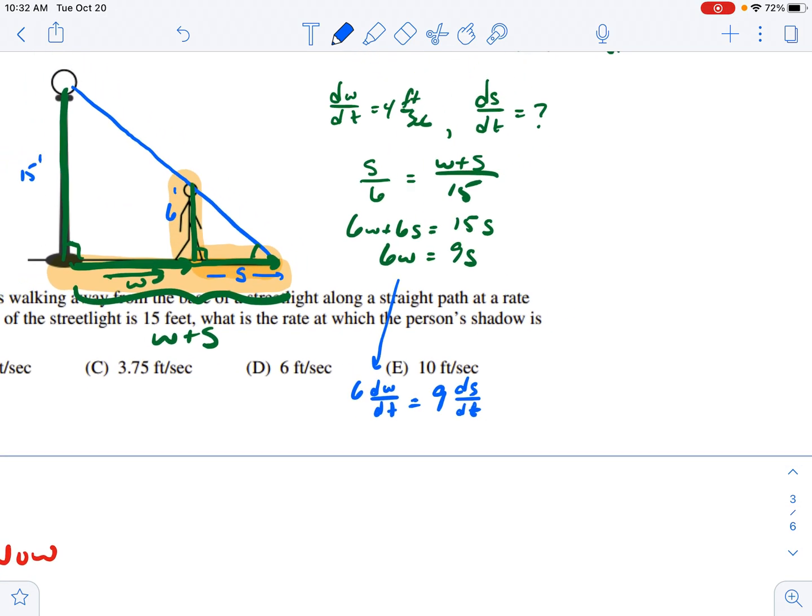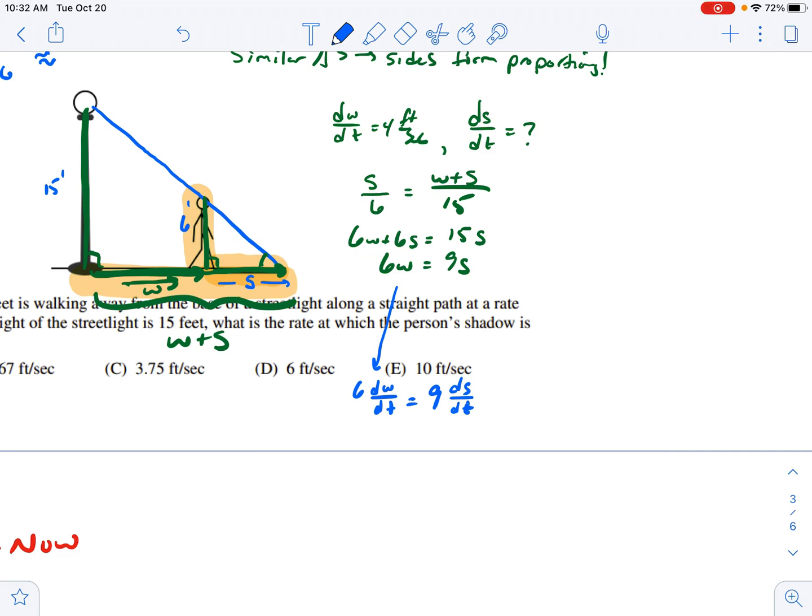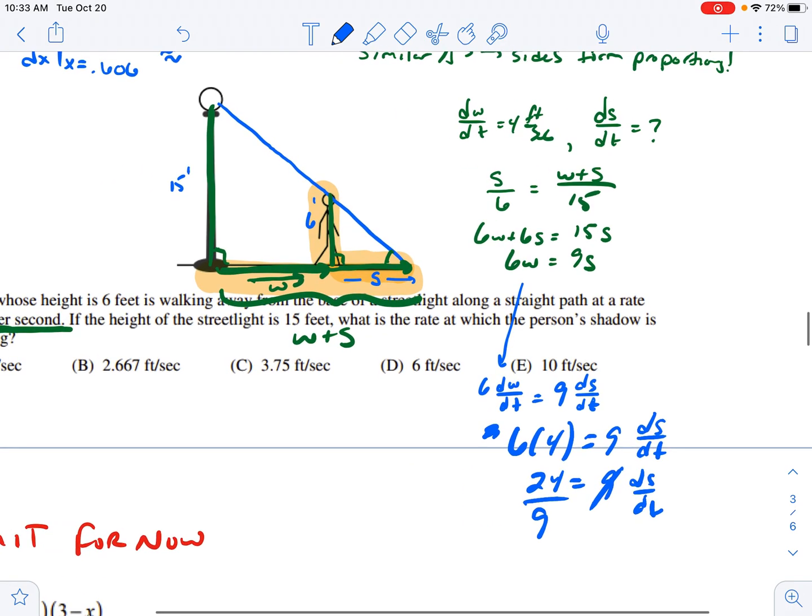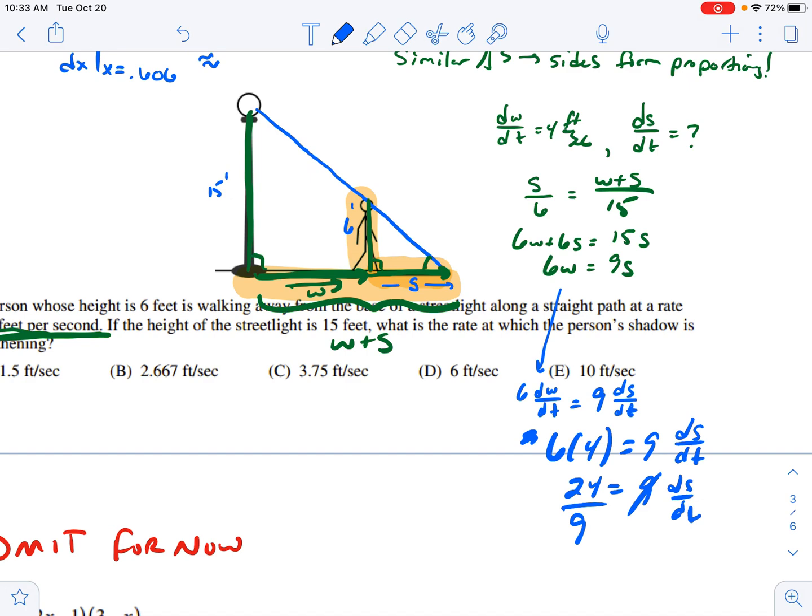And there's our derivative, and let's sub in what we know. We know dw was 4, so 6 times 4 equals 9 times ds dt. 24 equals 9 ds dt. So we're looking for 24 over 9, and if we punch that in, I'm guessing we'll get back one of these values. Let's see, 2.6 repeating it is.